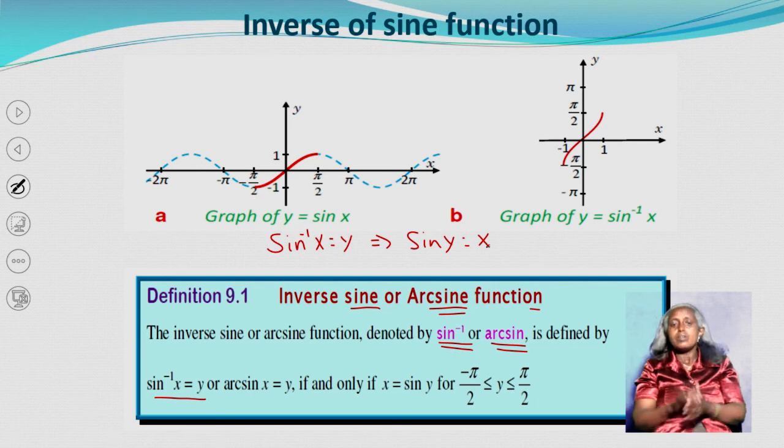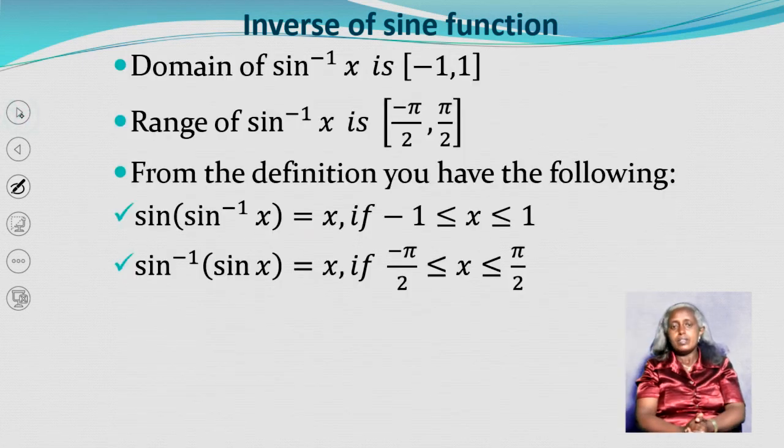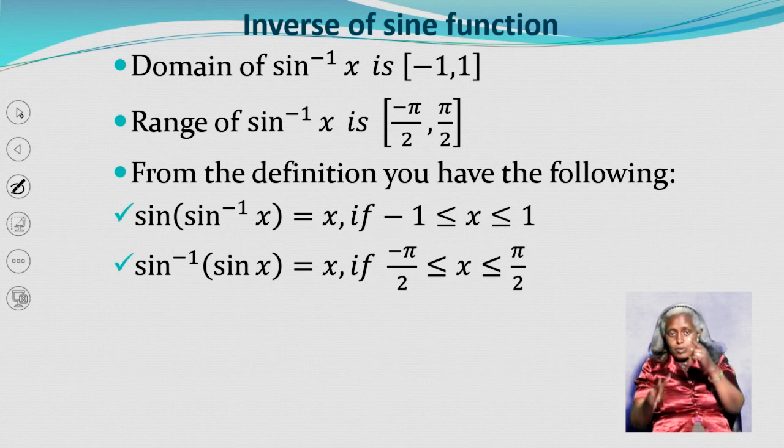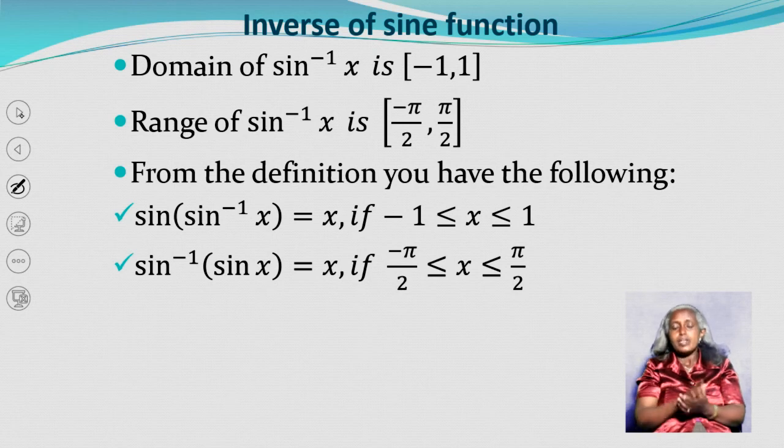Now let's continue. As we said earlier, the inverse sine function has domain between negative 1 and 1, and its range is between negative pi over 2 and pi over 2. From the definition, sine of sine inverse of x is equal to x.